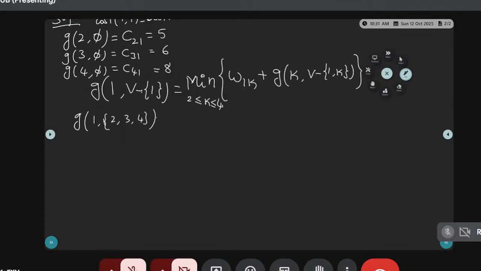Minimum of 2 less than or equal to k less than or equal to 4, and w of 1 comma k. K lies between 2 to 4. K may be a 2, K may be a 3. Here K may be 2 comma 3 comma 4.